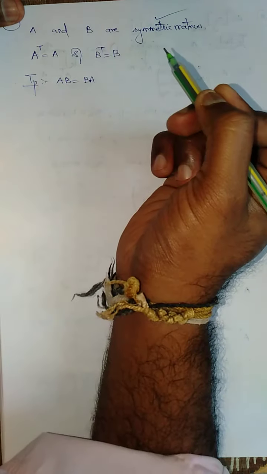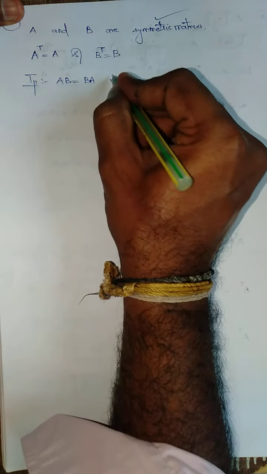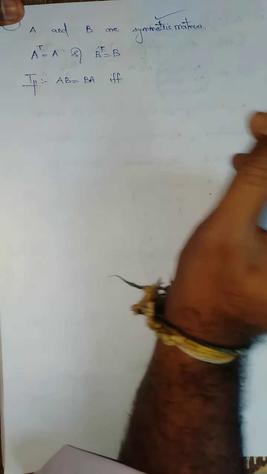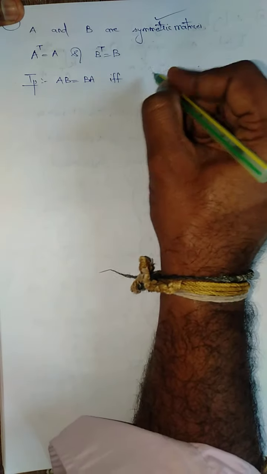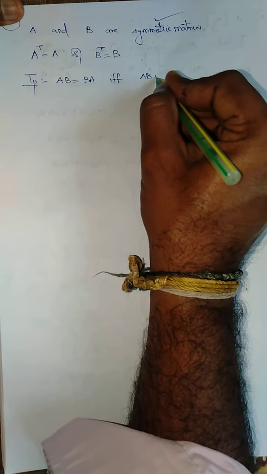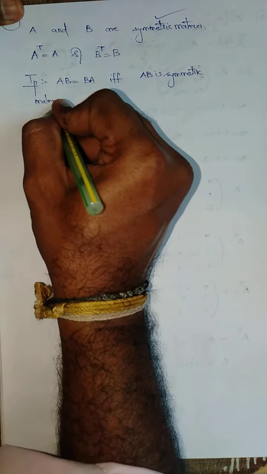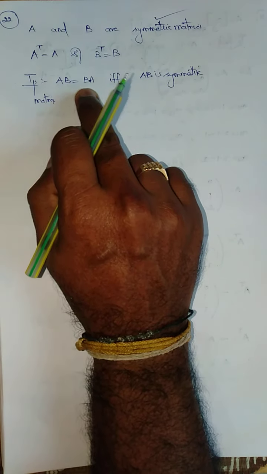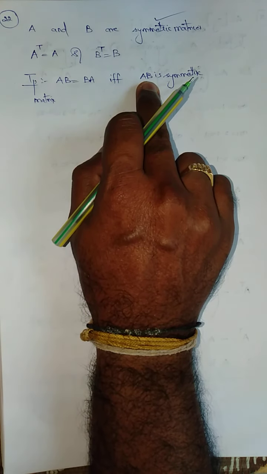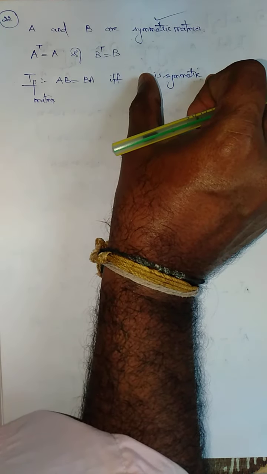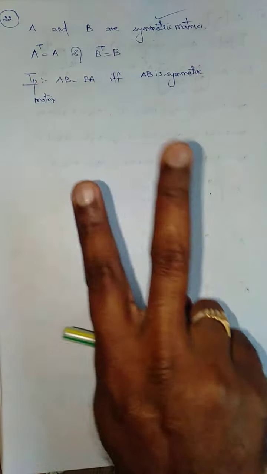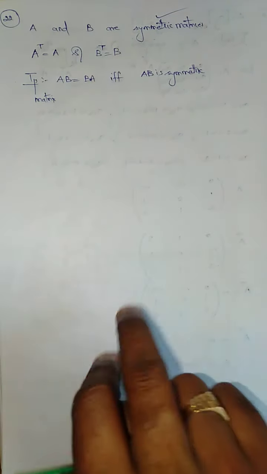I need to prove AB is equal to BA if and only if AB is a symmetric matrix. AB is equal to BA if and only if AB is symmetric. If AB is a symmetric matrix, I can say AB equals BA. This is nothing but a reversible reaction, like you see in chemistry.